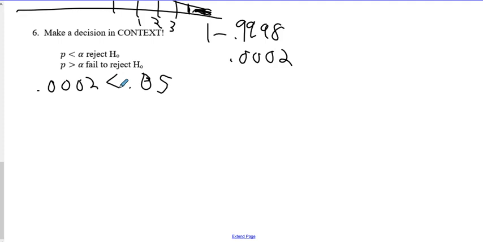Now here's where the whining part comes in. We have a paragraph to write.